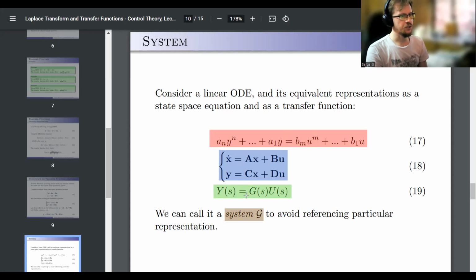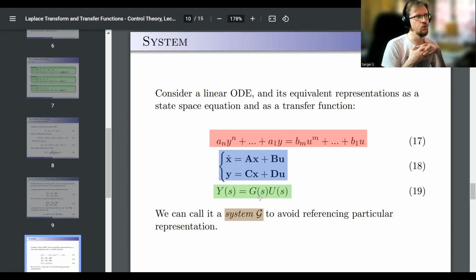I don't want to denote it as a transfer function, let's say, because maybe I ask you to find the transfer function. Maybe I want to talk about the output of the system, but I don't want to talk specifically about the transfer function there. So instead of talking about representation, saying we have an ODE, or we have a state space model, or we have a transfer function model, I would say we have a system. That is useful.